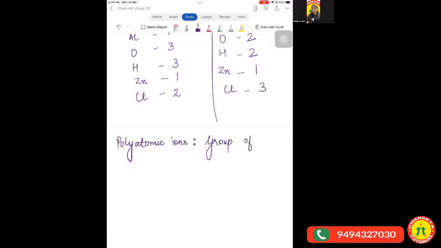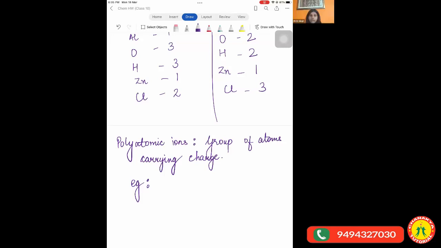A group of atoms carrying a charge. Aryan, can you give me an example of any polyatomic ion? Ma'am, phosphorus maybe. No, phosphorus is not correct. Anyone else can try?